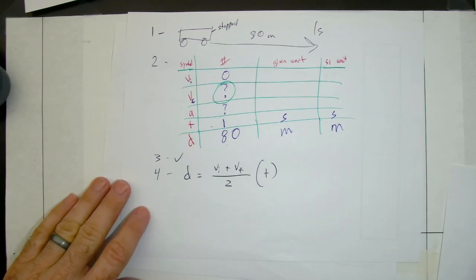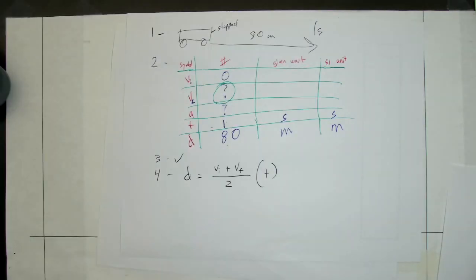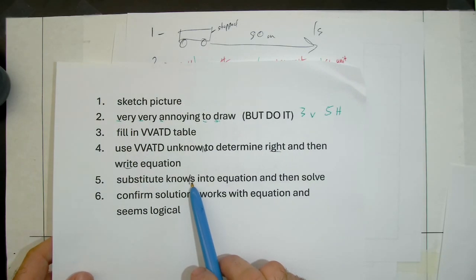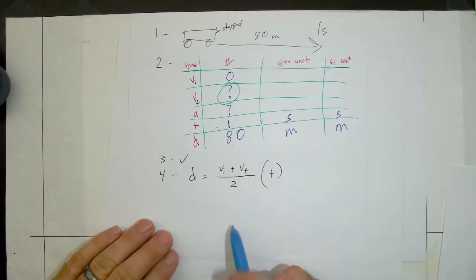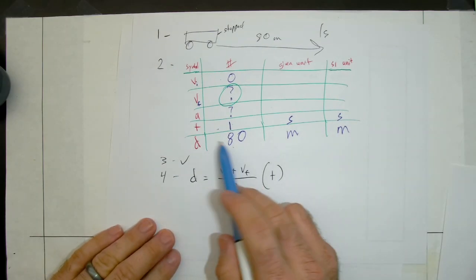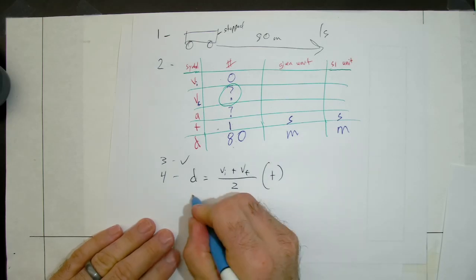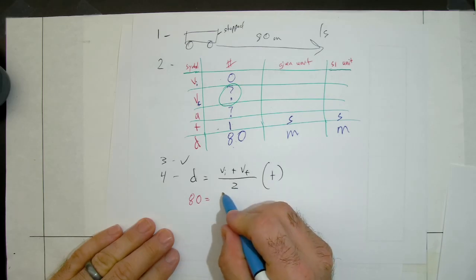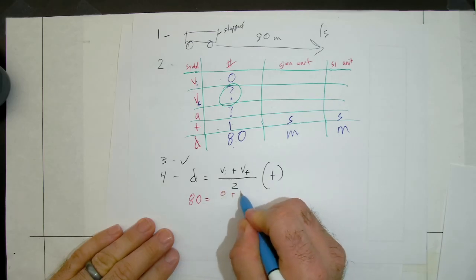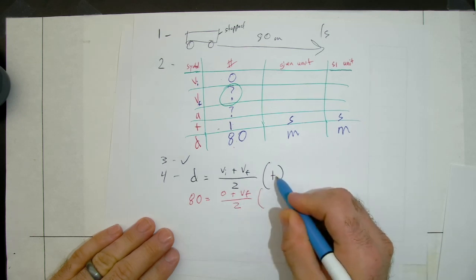Now, step 5 says substitute knowns. Step 5, again a typo, substitute knowns into the equation and then solve. So what we do is we put in what we know. So we know from up here that displacement is 80. Let me change the color here. 80 equals velocity initial of 0 plus velocity final over 2 times t.